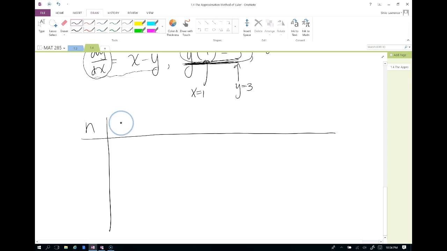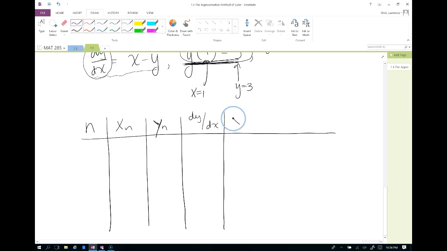So in my table, I've got n, x sub n, y sub n. And with that information, we can calculate dy dx. And then we can get x sub n plus 1, the next x value and the next y value.